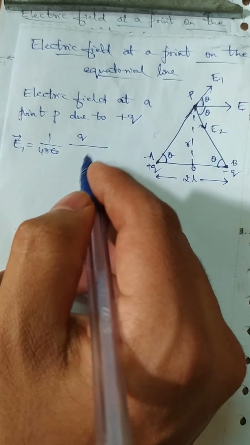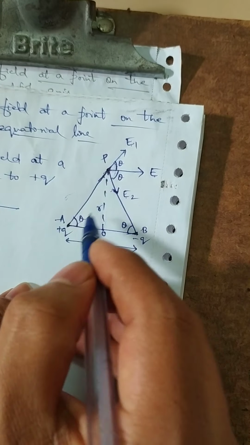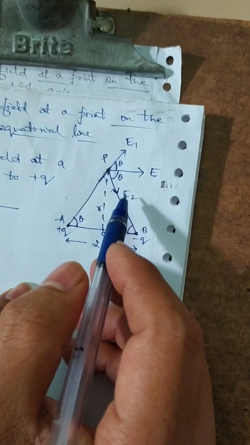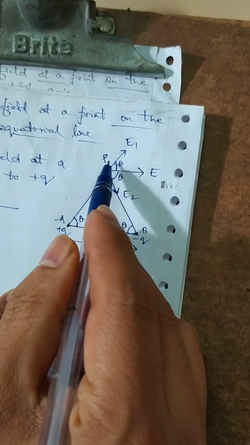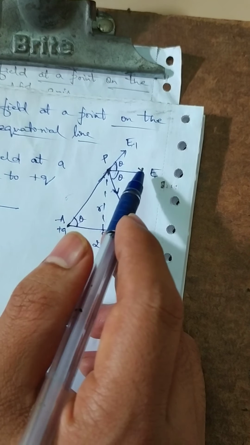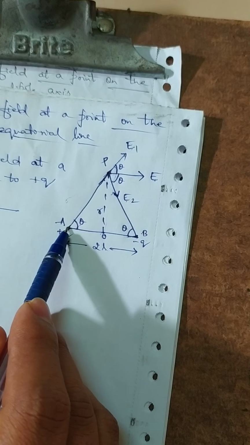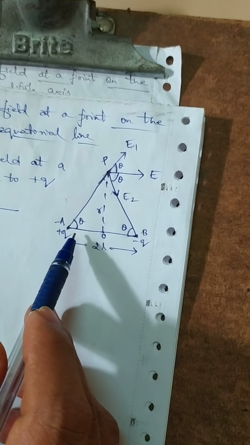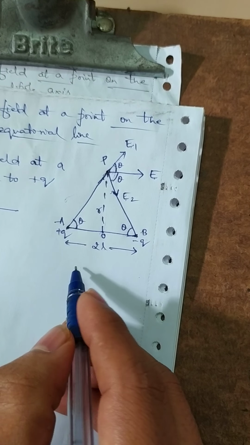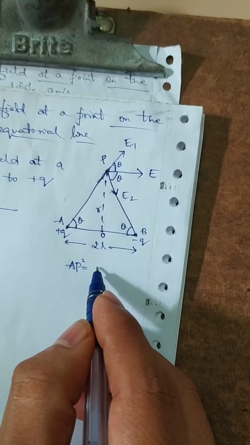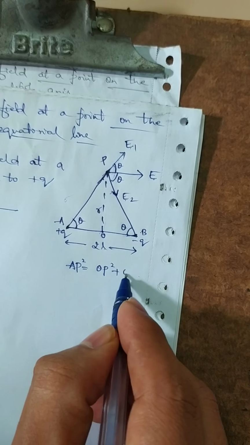Here we need to find the distance AP. To find it, we consider the triangle AOP. From the triangle AOP, applying the Pythagoras theorem, AP square is equal to OP square plus OA square.